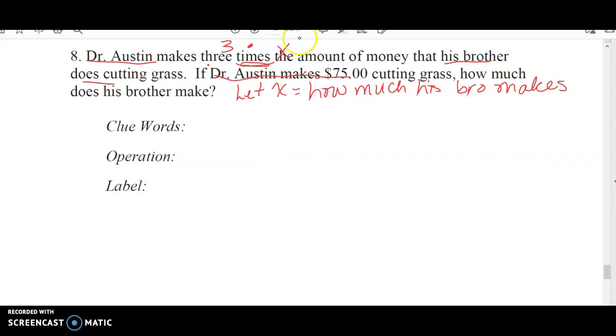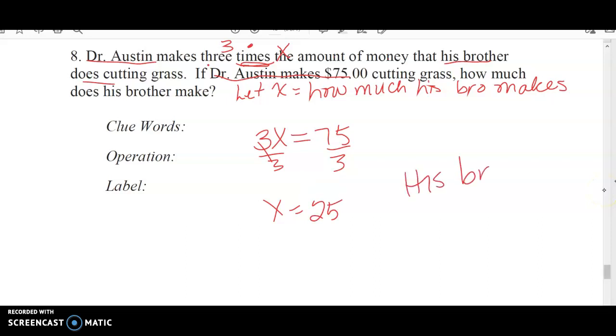So 3 times the amount of money his brother makes is the same as the $75 that he makes. So here we have 3X equals 75. Divide both sides by 3. X is going to equal $25. So his brother makes $25.